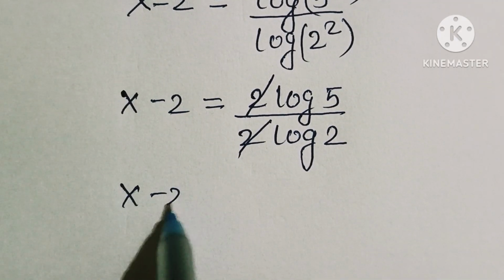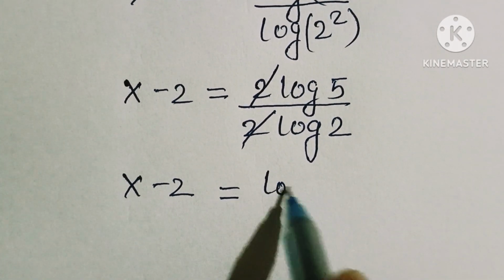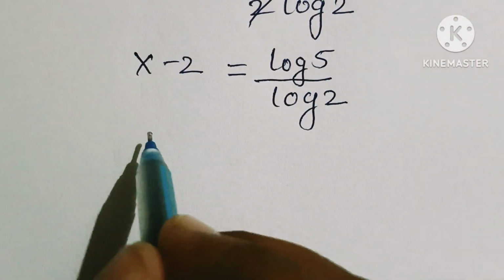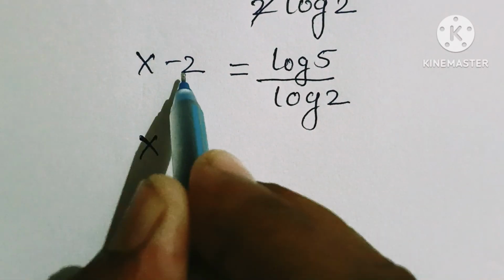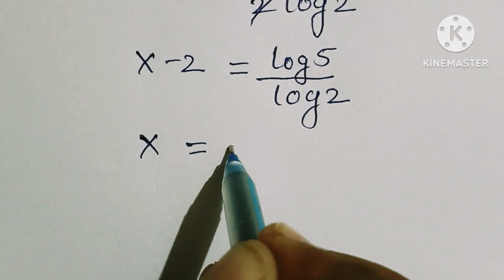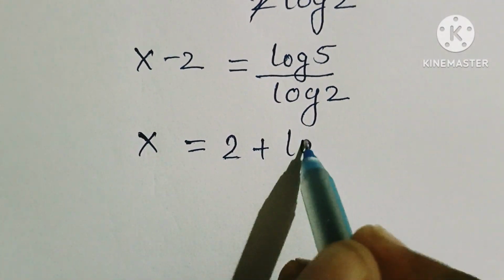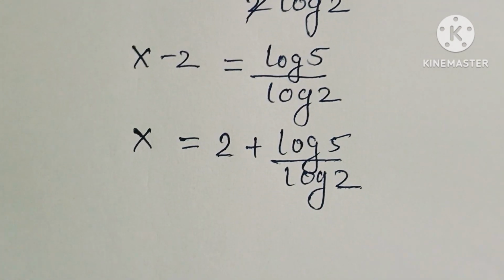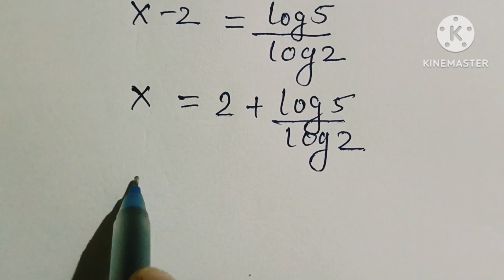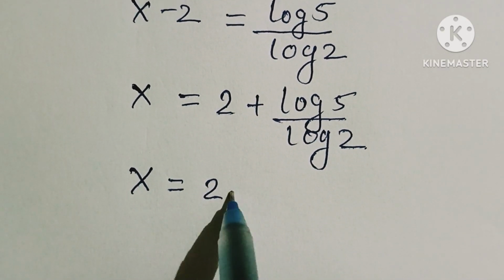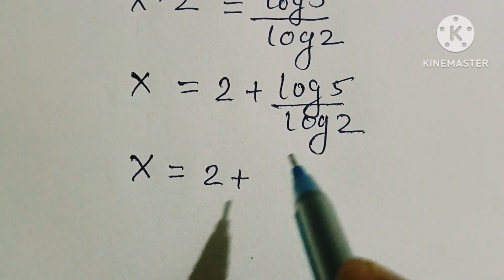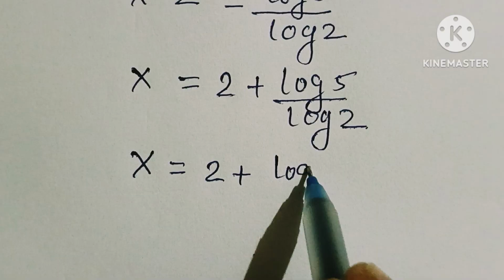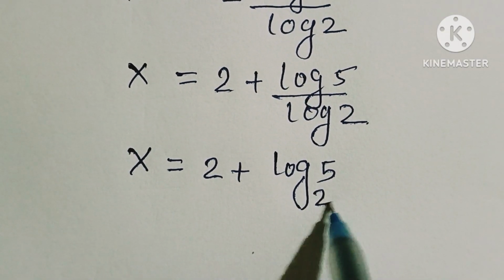Now x minus 2 equal to log of 5 divided by log of 2. Now x equal to, transferring this minus 2 to this side, 2 plus log of 5 divided by log of 2, equal to 2 plus log of 5 to the base 2.